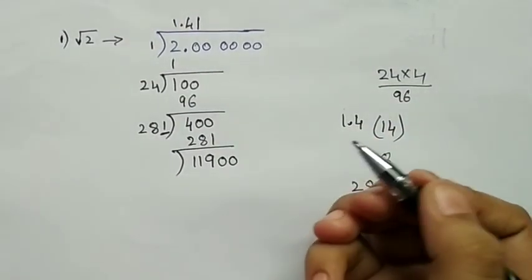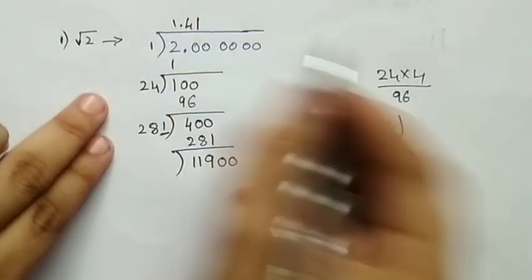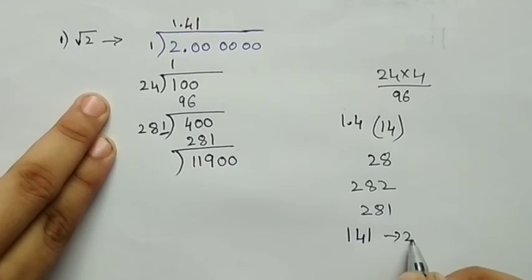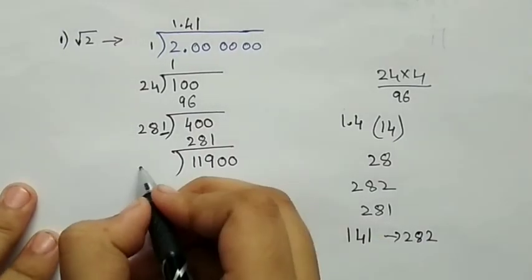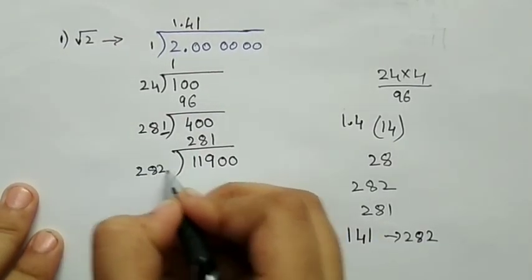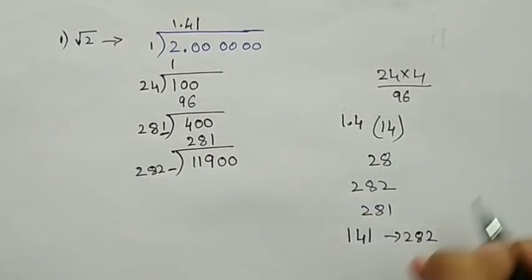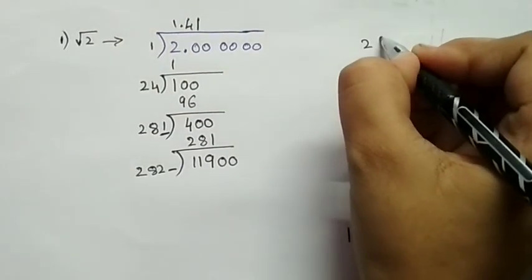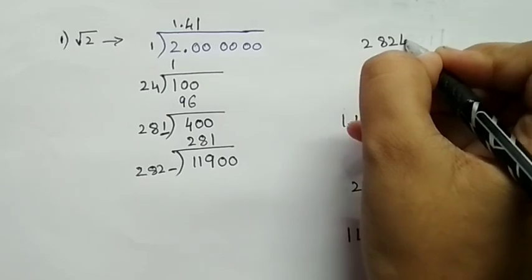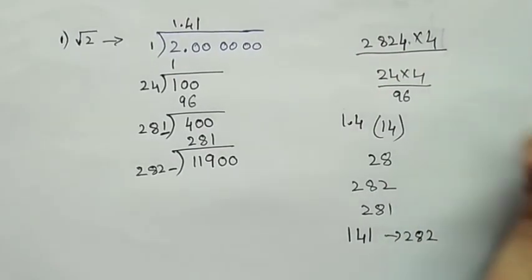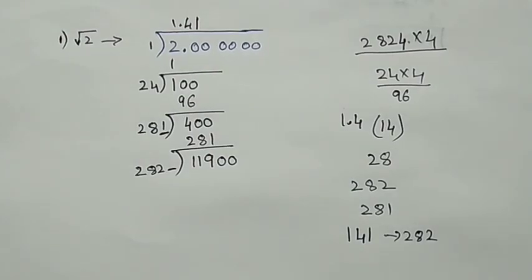Now, I am bringing down another set of zeros. Now, I need to double 141. That is 282. I get 282 and a number such that we can get near 11900. 2824 into 4 would be the nearest value we want.